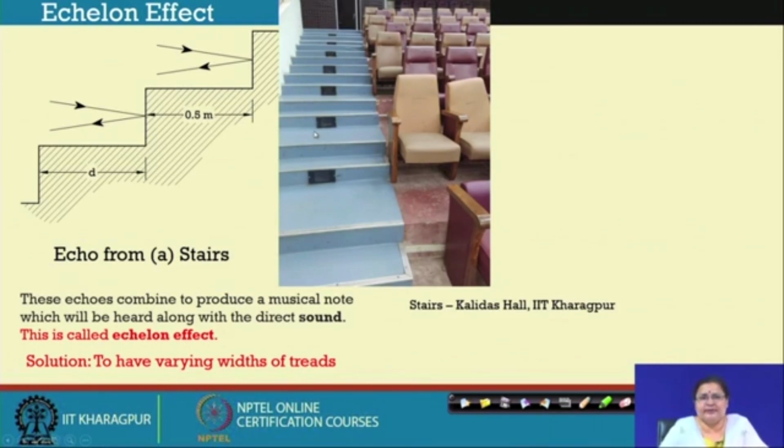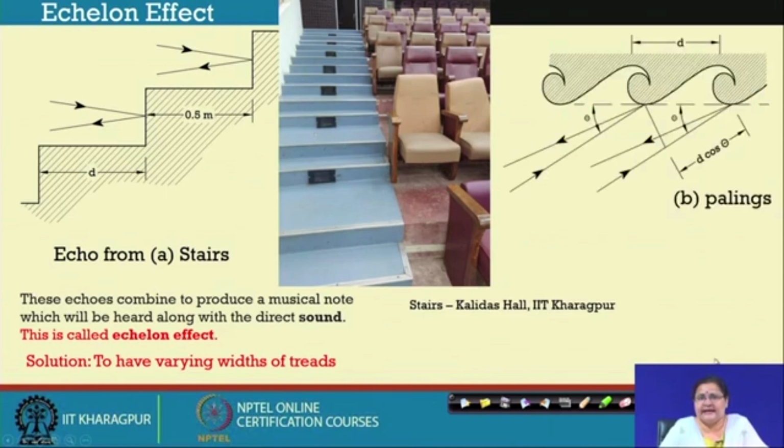Where else can it happen? It can happen in ceiling patterns, that is the ceilings. Various reflectors or surfaces can be put, as you have seen in the last slide, that the ceiling reflectors are put.